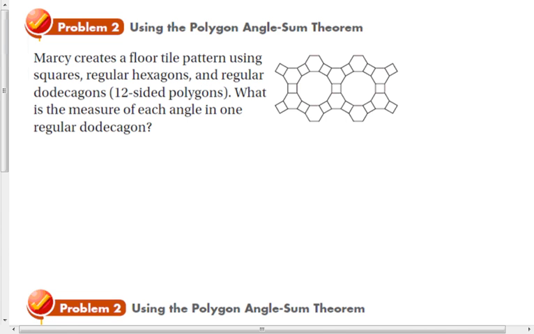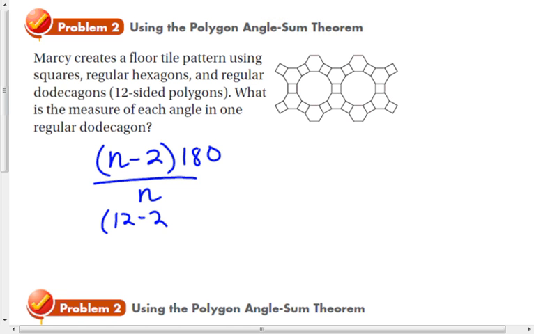So it's (n minus 2) times 180 divided by n, and since our polygon has 12 sides, we substitute that in and divide by 12 to get the number of degrees in one of the angles.